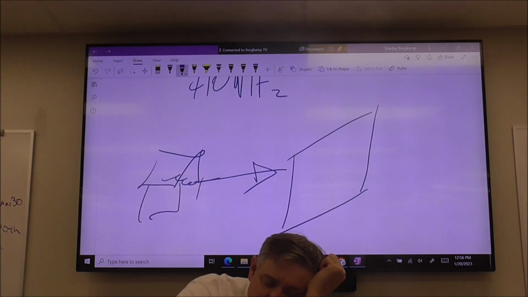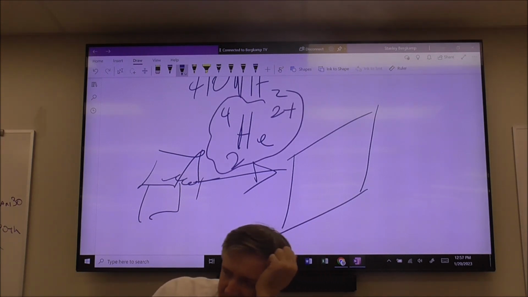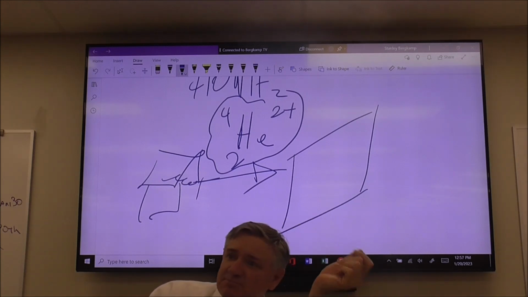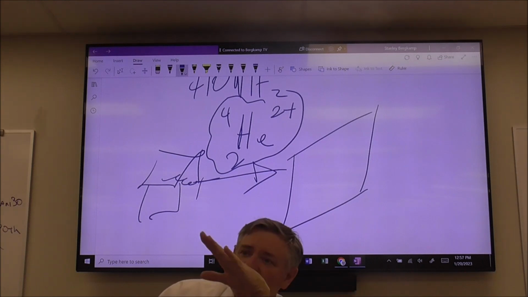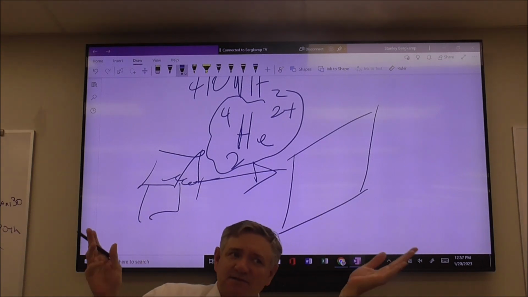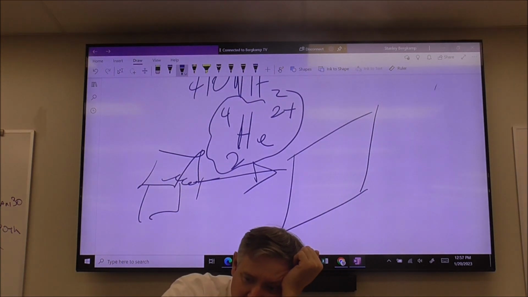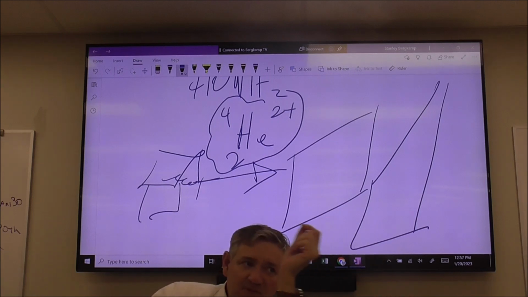Turns out they were a helium nucleus, He 2+, with mass 4 and charge 2 plus. Now, everybody has this perception that you could actually see these particles being shot out. You couldn't. The only way they detected the particles is that when they hit a phosphorescent screen, they would emit a small flash of light.